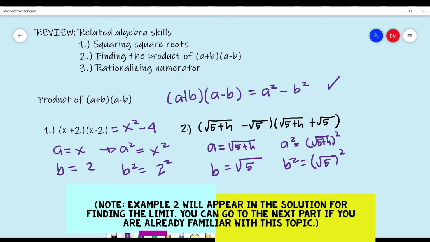Applying the previous example in squaring the square roots, a squared is 5 plus h, and b squared is 5. So we have 5 plus h minus 5, and then cancel positive 5 and negative 5. So the answer is equal to h.